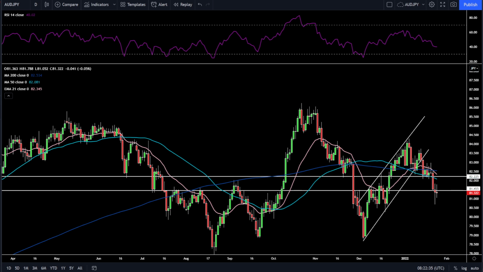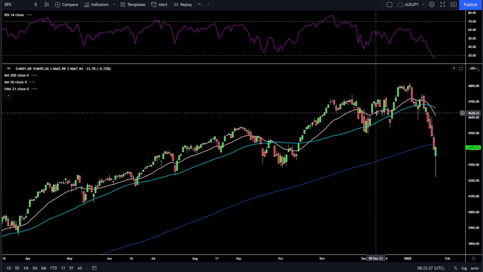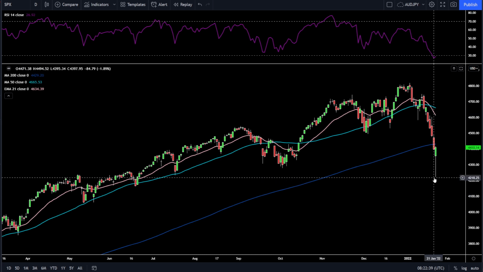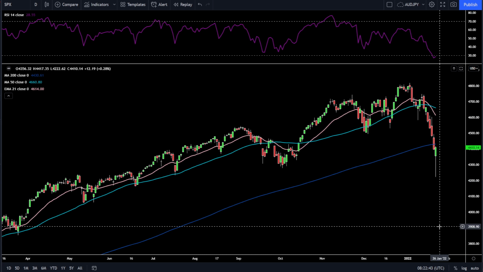I just want to bring up the S&P 500 chart quickly. We can see price did have a hell of a rally yesterday, but it's still below its 200-day simple moving average, which is quite key. And sort of one has to ask, does this lead to the market now selling the rips higher, selling the rallies, as opposed to buying the dips and going long?